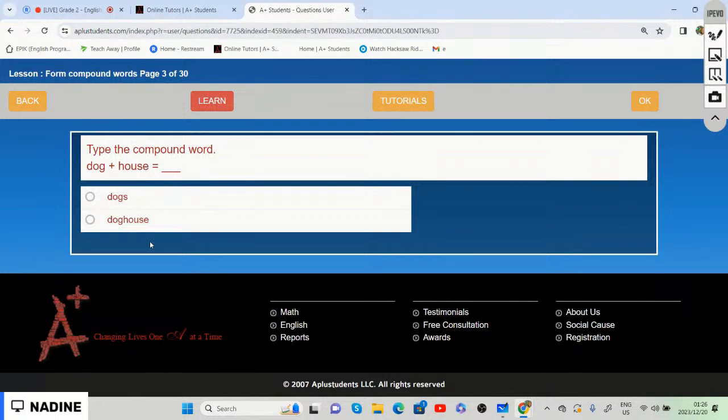So what is the correct word, the compound word? All right, so if we type the compound word, then we can say dog and house is doghouse.